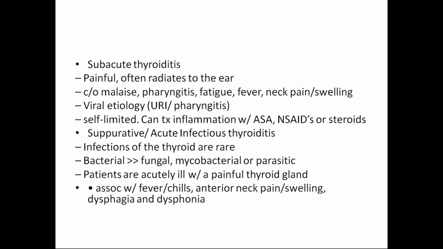This is rare, but to enumerate the causes we have to make a note of it also. A viral cause produces subacute thyroiditis, and a bacterial, fungal or mycobacterial cause produces suppurative or infectious thyroiditis, an abscess of the thyroid gland. Like any other abscess, it causes fever, chills, anterior neck pain, swelling, dysphagia, dysphonia. That is common sense, right?